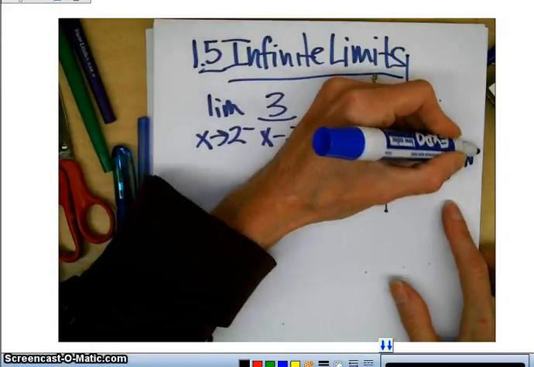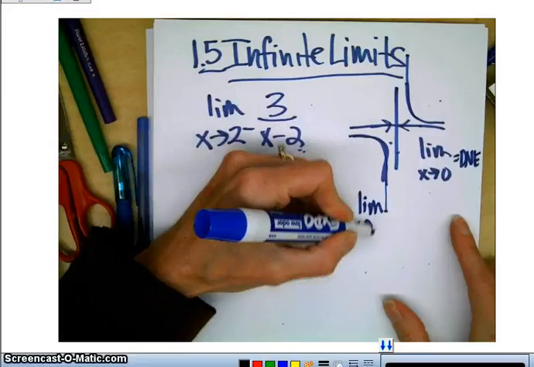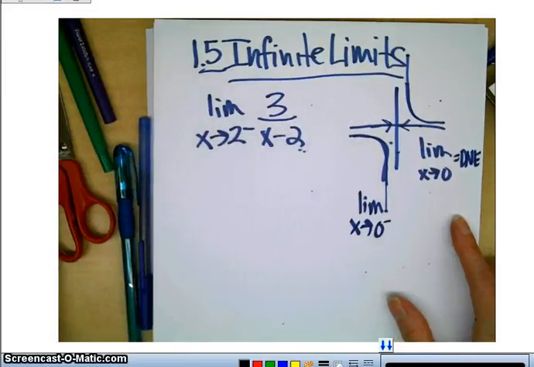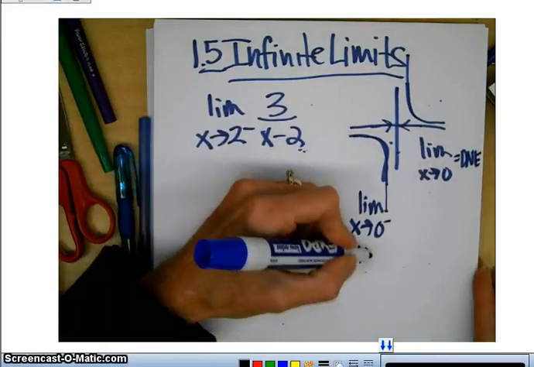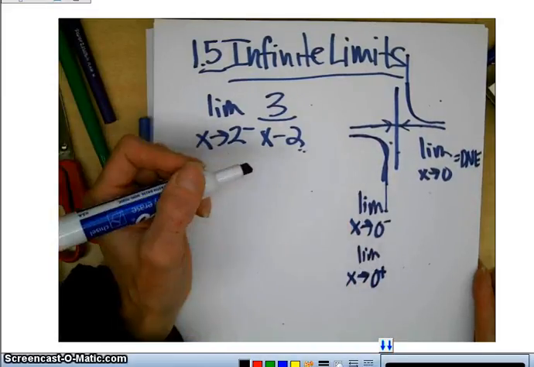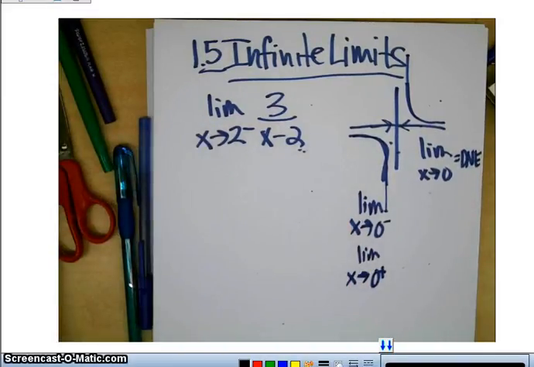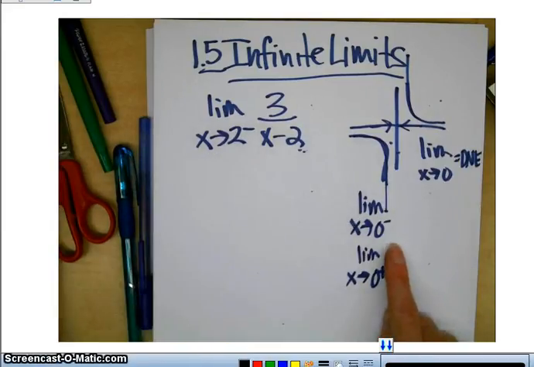exist. But there's something different that we like to do when we're talking about the limit as x goes to 0 from the negative of this same function, and the limit as x goes to 0 from the positive. Rather than saying does not exist, on the one-sided limits we like to give a description of where it's going.